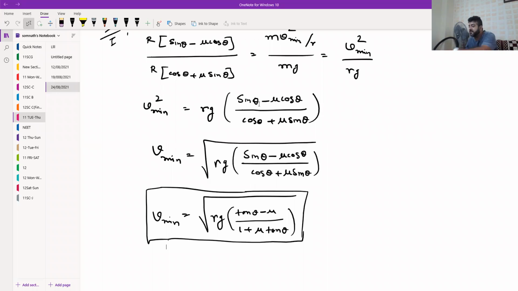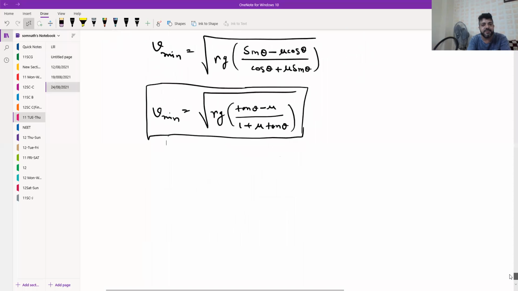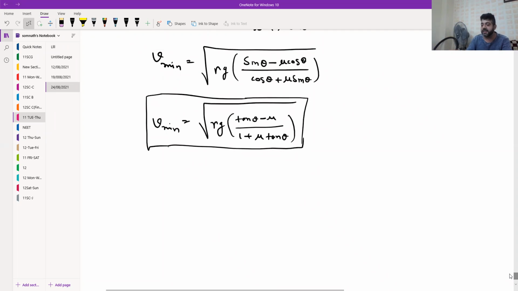Okay. So on the basis of that, a lovely question is there in HC Verma. I'm going to give you this question. The question is that a turn of radius 20 meter is banked for a vehicle going at a speed of 36 kilometer per hour.